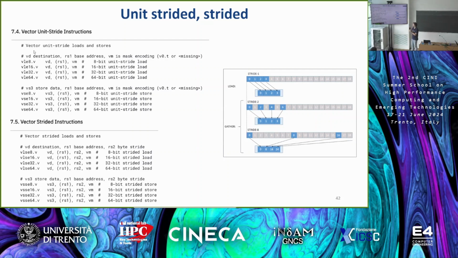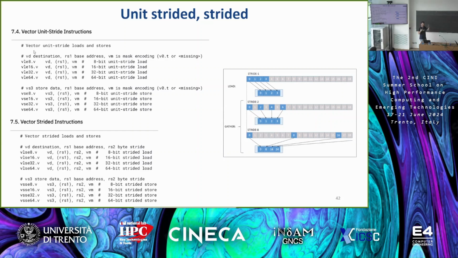Then we have a fixed stride, which is a number that you can use. For example, here I'm taking a stride of 2, so I'm taking 1 every 2 data. Here I'm taking a stride of 8, so I take 1 data, skip 7, take the 8th, and then the 16th, and so on.